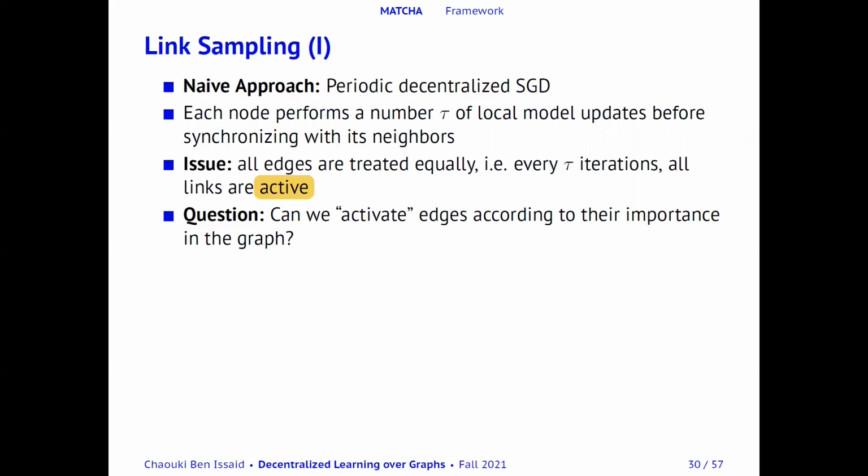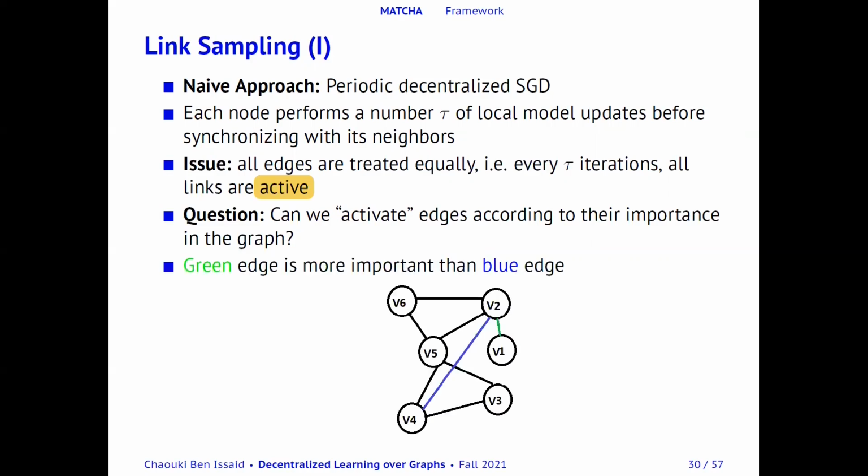Of course, at this stage, it is a bit difficult to define the notion of importance of an edge in the graph. But as an illustrative example, let's consider the following graph.